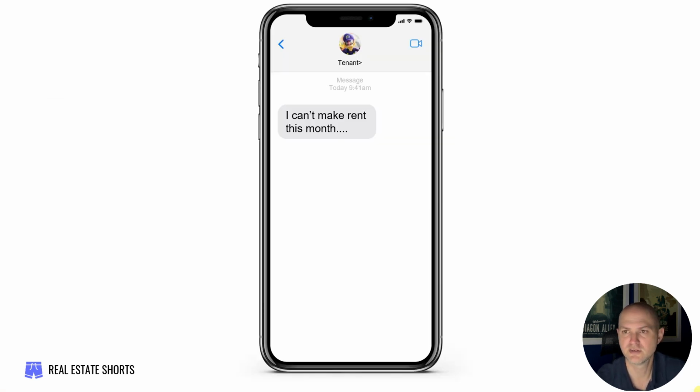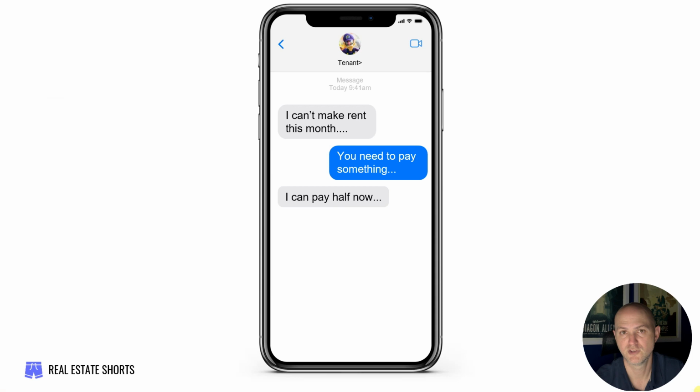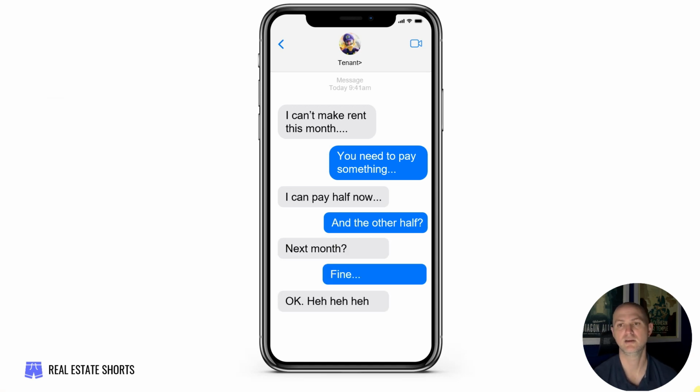So let's imagine this exchange with your hypothetical tenant, right? What if they text you and they say, I can't make rent? I understand. You'll probably be a little upset. So maybe they try to negotiate with you. They say they'll pay half. And the conversation continues, right? Where they say they'll try to make it up at some point in time.